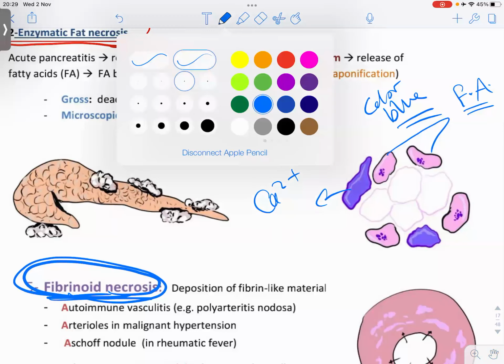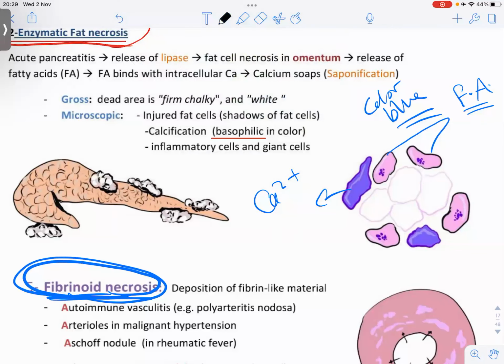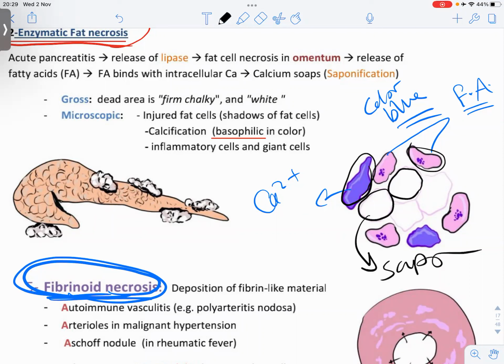But when they bind together, they will form a white substance. It's called saponification. So the calcium is blue, and the fatty acid is red. But when calcium binds with fatty acid, it converts into a white hard substance called saponification.